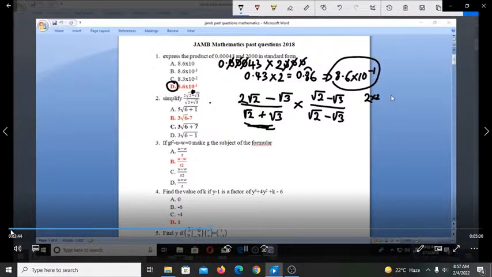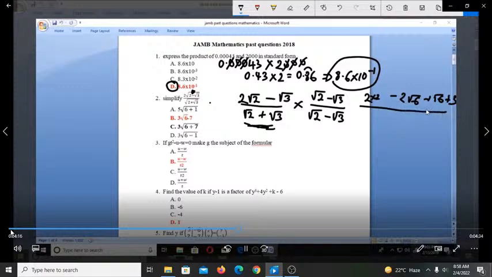It is going to give us minus 2 root 6. Now we also multiply this times this, root 3 times root 2. It will give us plus root 6. Now root 3 times root 3 will give us normal 3. So this will give us plus 3.